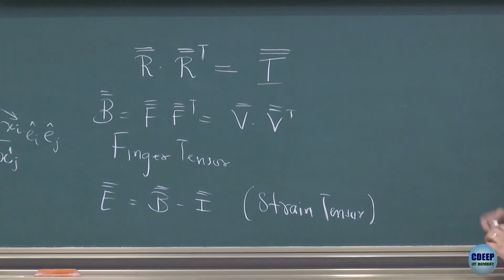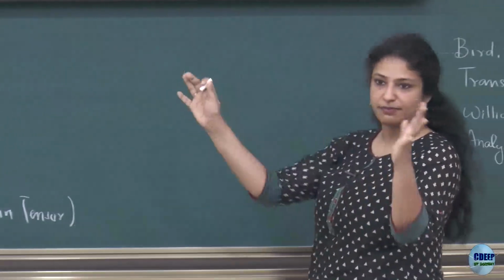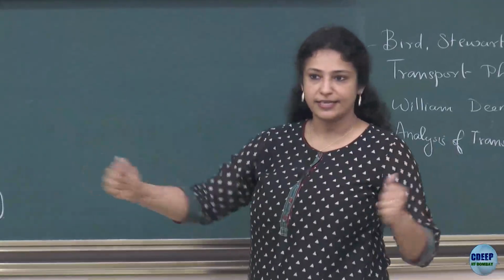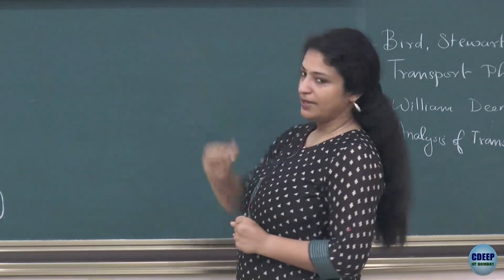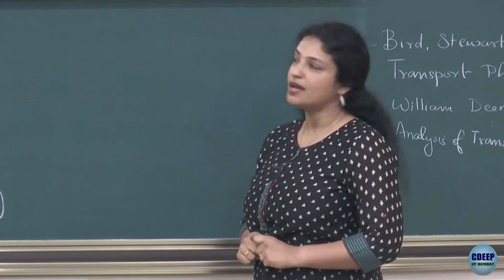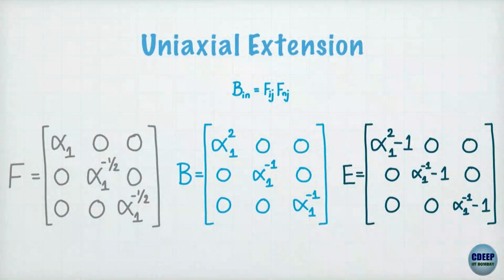So take an example. For the uniaxial extension case, you remember the picture, we had a cubic slab which we had extended in one direction. We had obtained F as a diagonal matrix with alpha 1, alpha 1 to the negative half, alpha 1 to the negative half as the diagonal components, and so the tensor B will just have the square of those individual diagonal components.